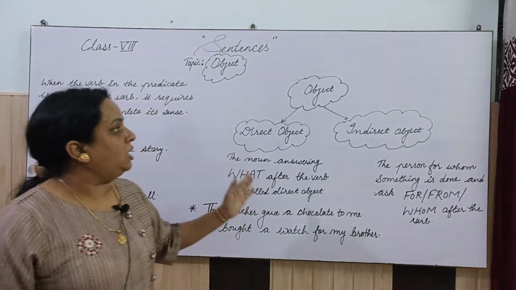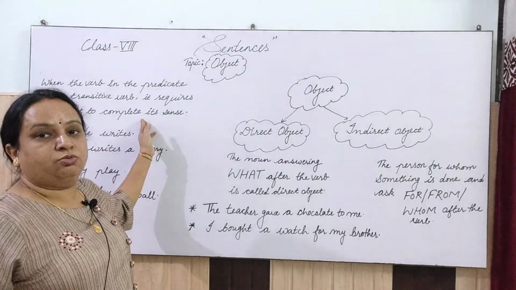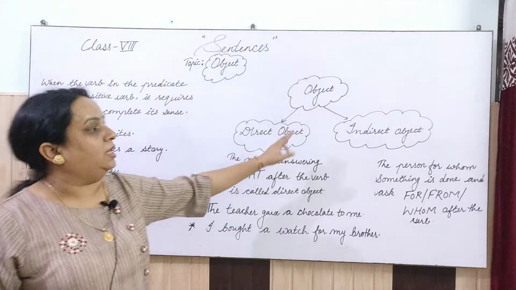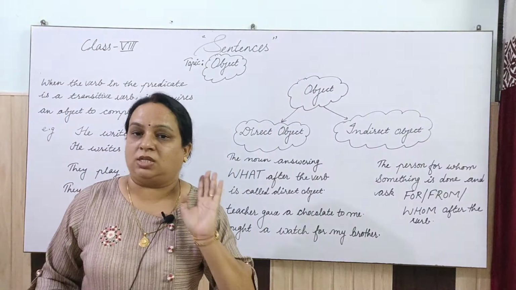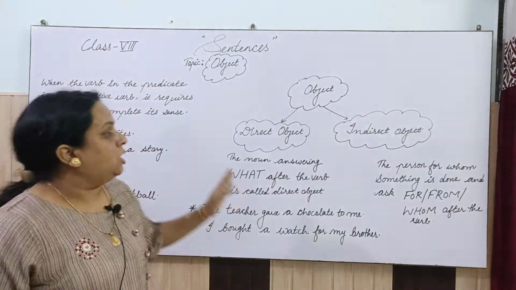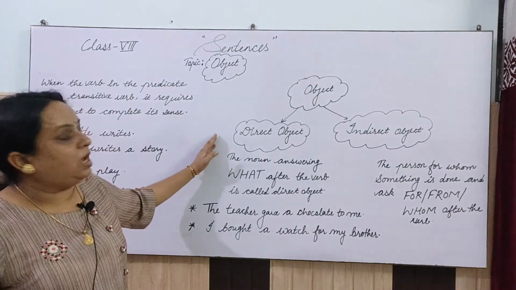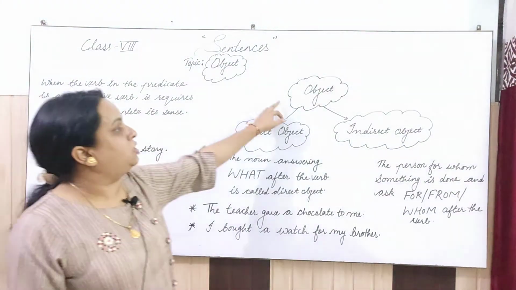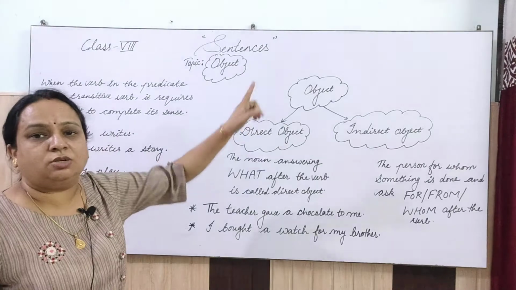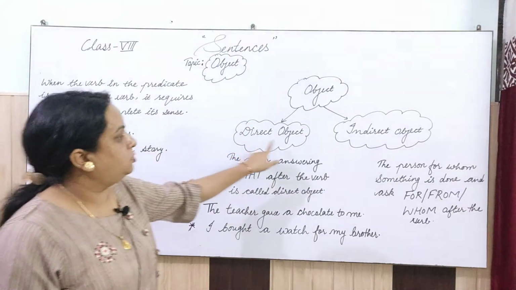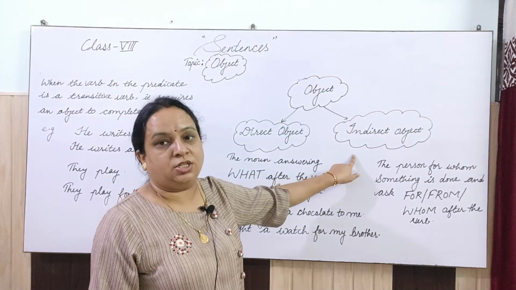But in the case of transitive verbs, we will get at least one object. Clear? Now I'll tell you this object is of two types, direct object and indirect object.